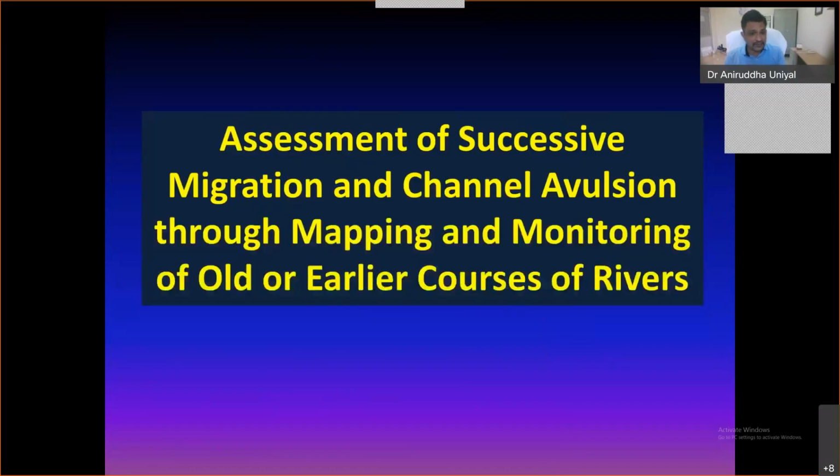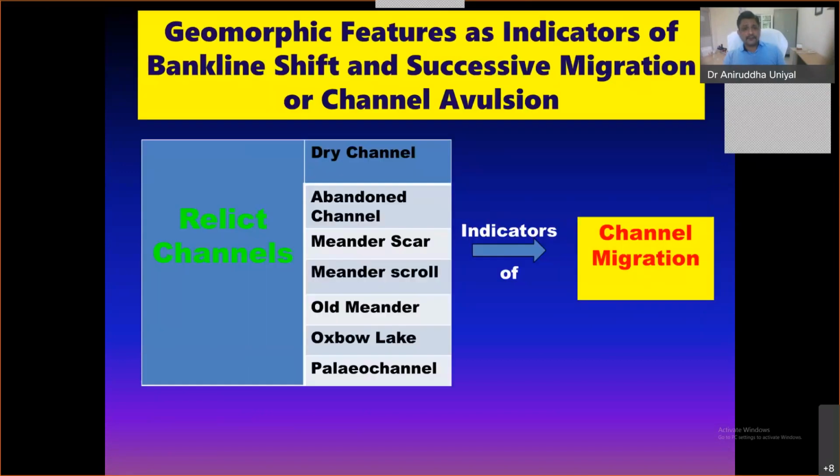Now, assessment of successive migration and channel avulsion through mapping and monitoring of earlier courses of rivers. So, you see, there are relic channels, meaning earlier courses of rivers. If we could map them and understand their peculiar pattern, their peculiar orientation, then we will be able to infer many things.